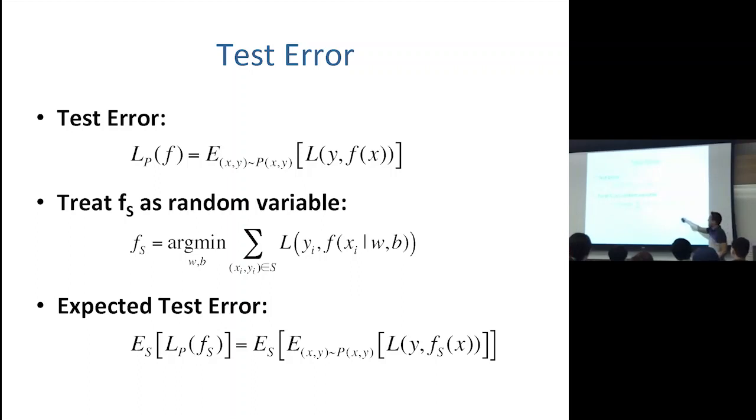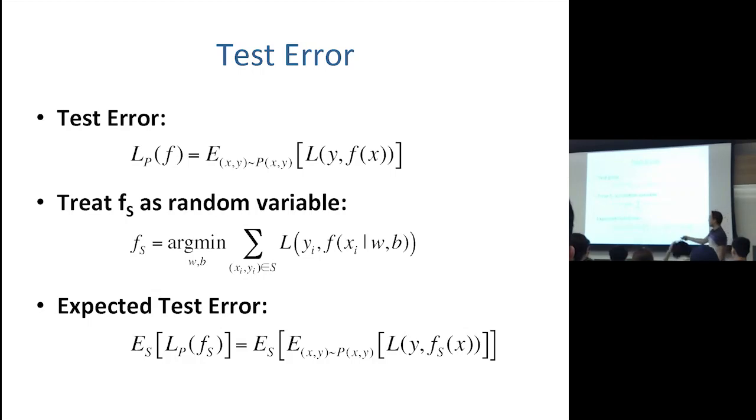So this is a deterministic process, but since S is a random variable, as we collect data at random from the true distribution, then this f of S is a random variable. So then we talk about things like expected test error over the randomness of our training set collection. What is the expected test error of our model class?